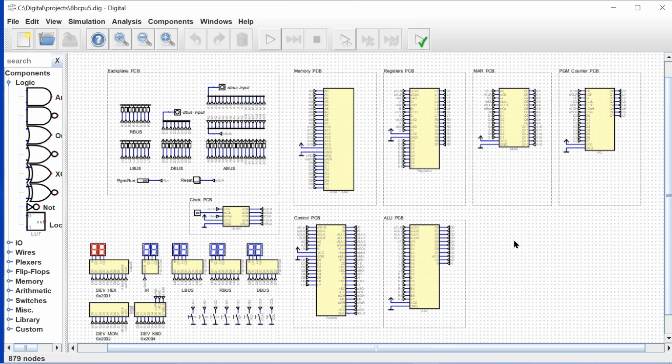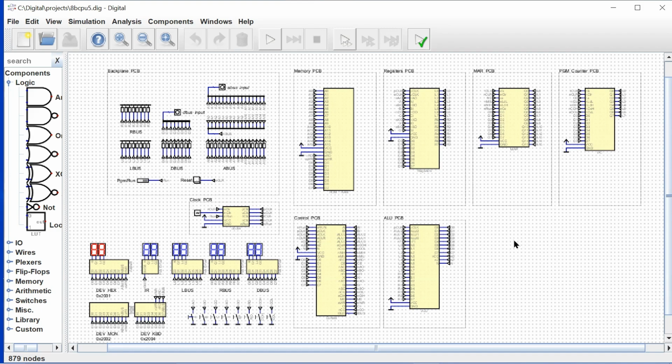But what I've done is I've added input buffers, 74LS245s, for any of the control signals coming from the backplane or going to the backplane.